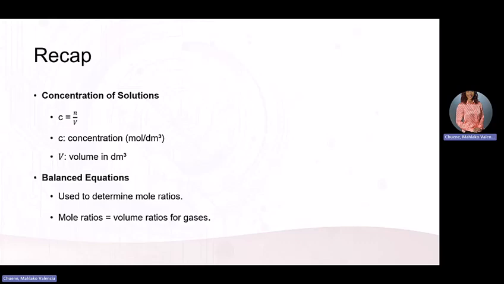So whenever you're given a question, remember to always look at the unit of measurement, then take it from there, so that you get the correct calculation.